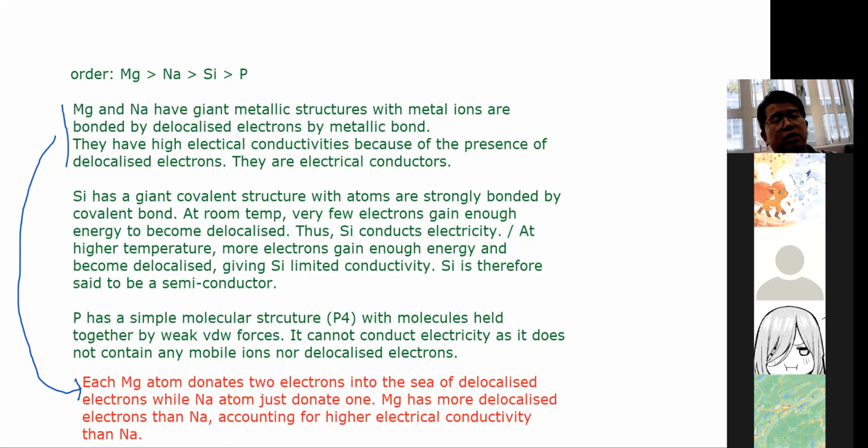If you want to compare quantitatively the conductivity between metals, you mention how many delocalized electrons it has per atom, which may come from the loss of electrons from each metal atom. So you go back to group. The quantitative way to express is not the term closer or further apart from the nucleus. What I mean is not the distance between delocalized electrons and the nucleus, but the number. Remember, it is the number. It's not distance that matters, but the number.